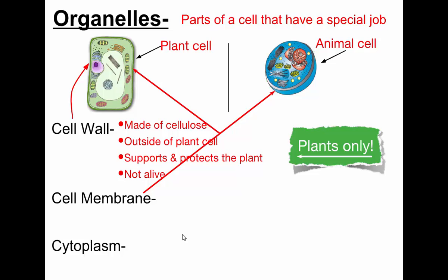It is alive. The cell membrane is really important because it regulates what moves in and out of the cell. It's also important for cells communicating with each other.